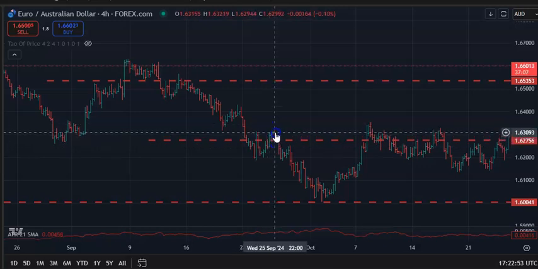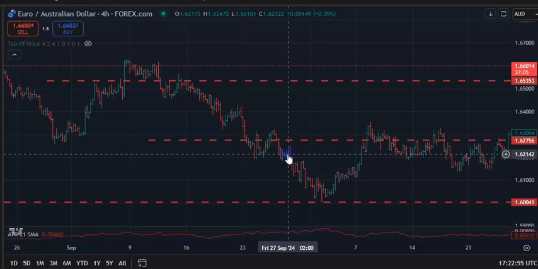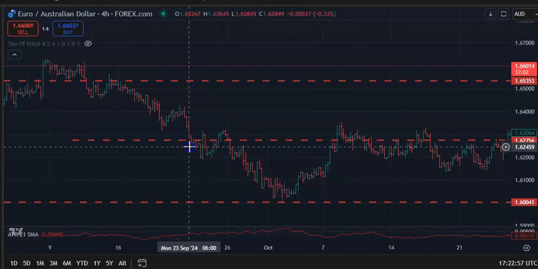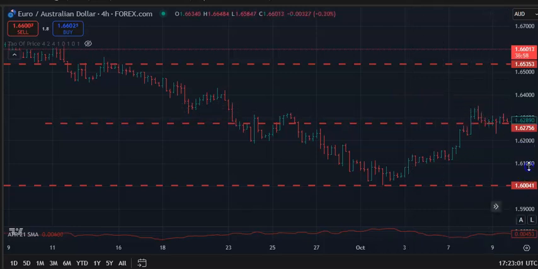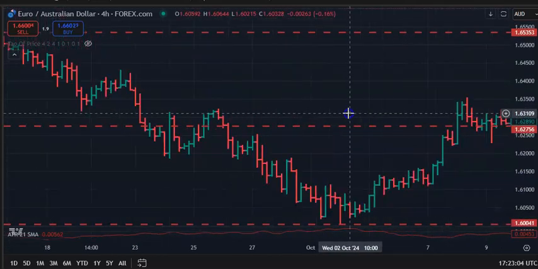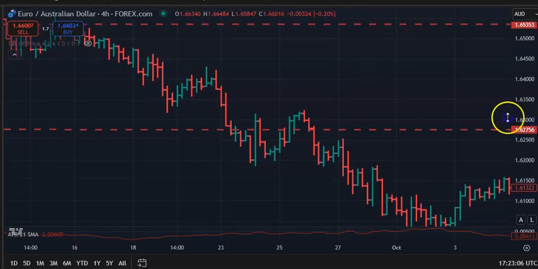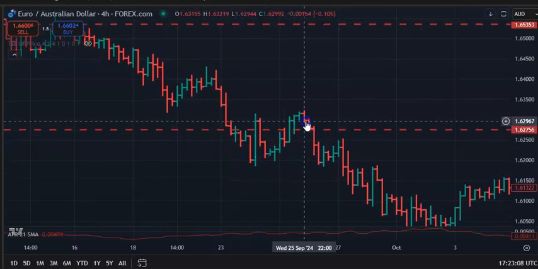However, it breaks immediately. It does not hold. It goes up through it. It goes to 163.21, not much higher. Now, here's the other thing we can do.